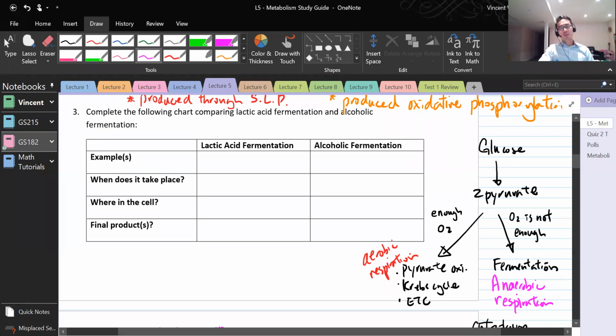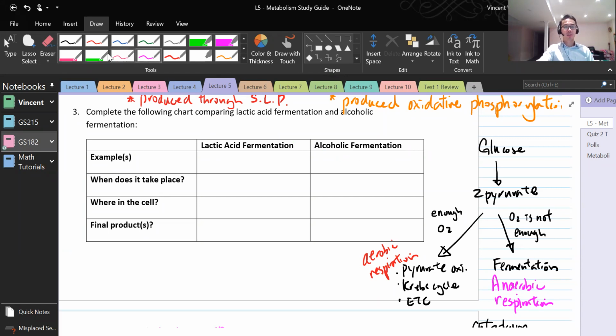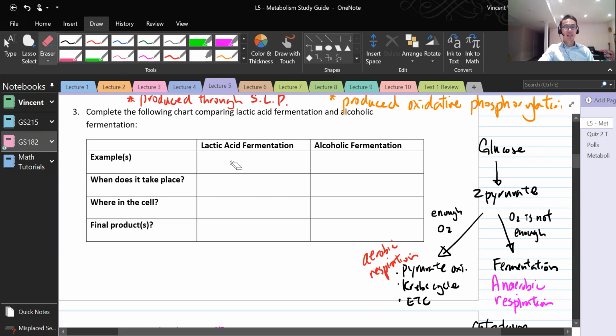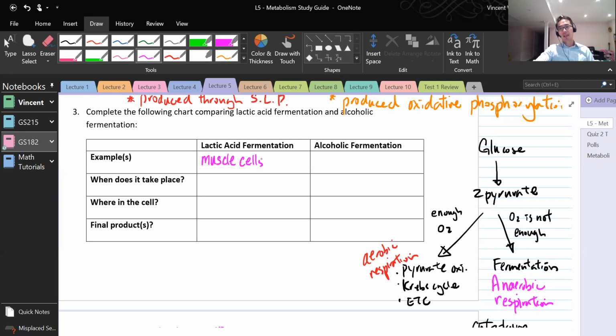There are 2 types of fermentation. Lactic acid fermentation, that's the one that we do. Alcoholic fermentation, that's the one that things like yeast and bacteria do. Lactic acid fermentation would be like in muscle cells. If you are running as fast as you can, after a minute or 2 your thighs might start to burn a little bit.